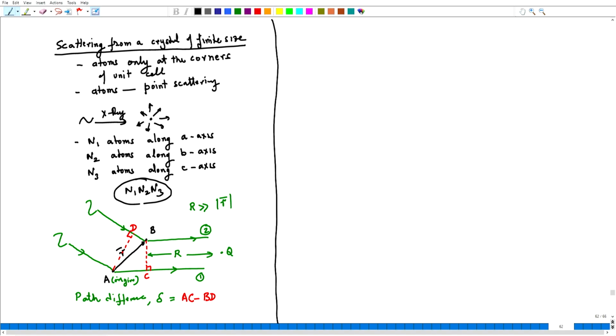Now, let me write down the equation for the incoming radiation. We will consider this as a plane wave equation in complex form.